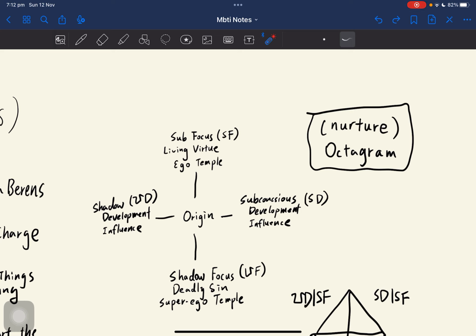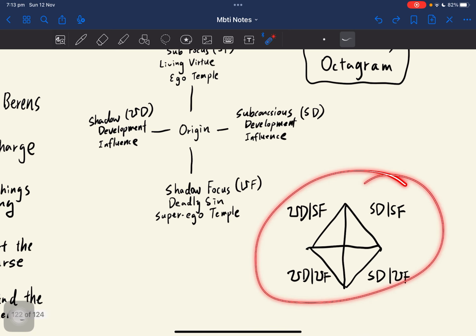For example, they are a starter type, they are all about what I want to do, and very imaginative, not able to finish something they started. So that could be the effect of your shadow development influence. That means while you are an INFJ, you exhibit the qualities of ESFP more than you usually would.